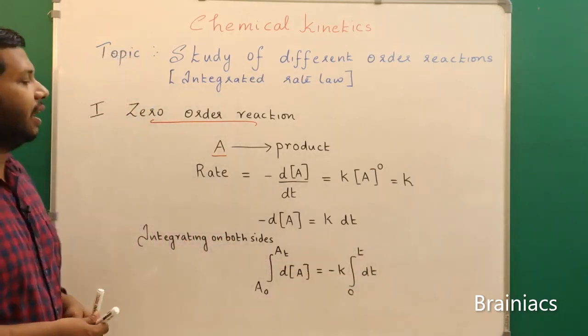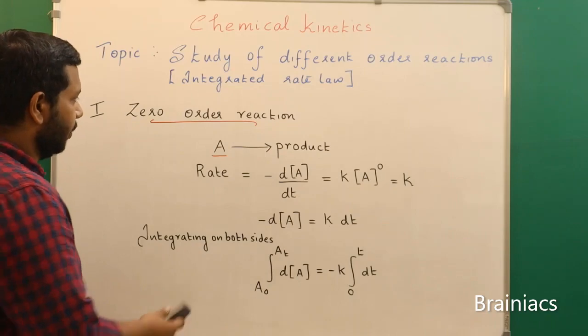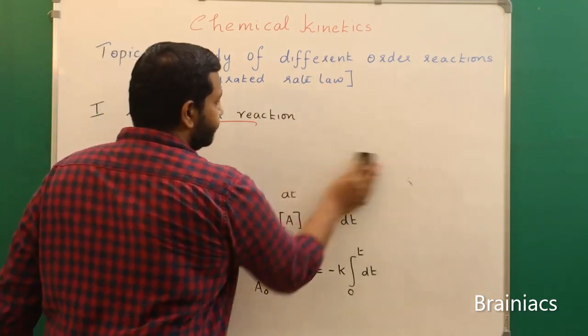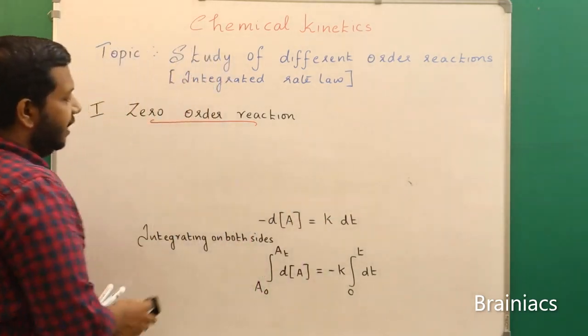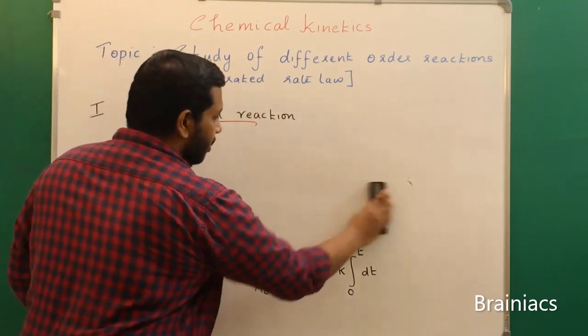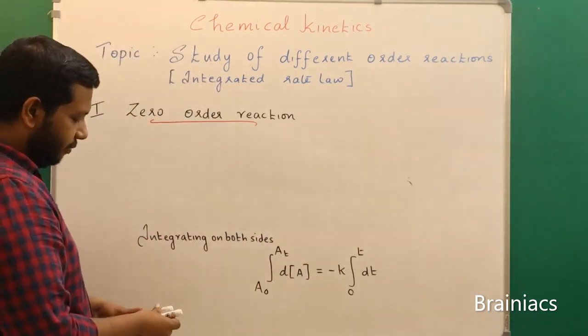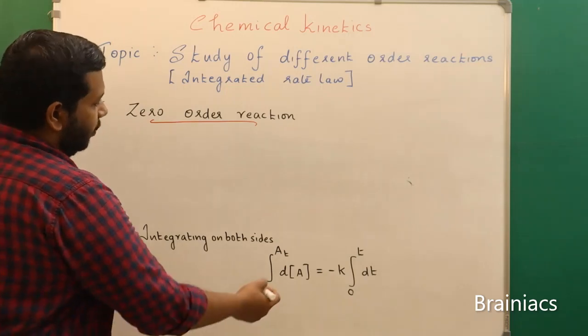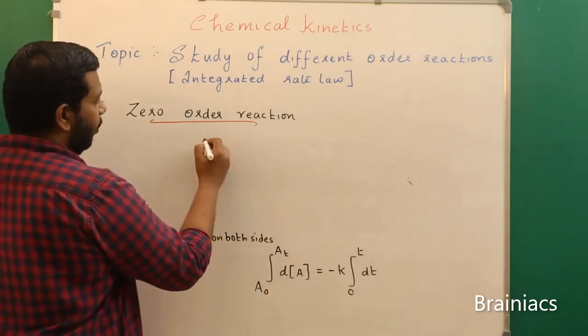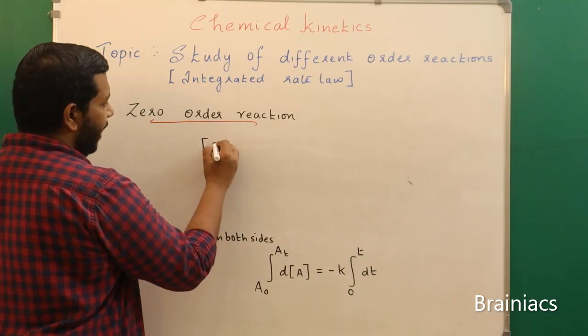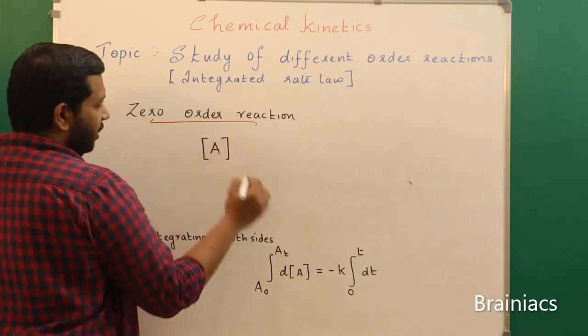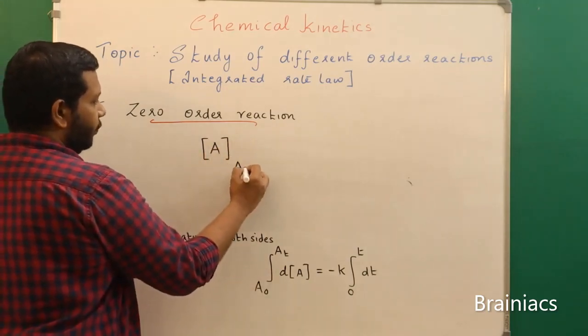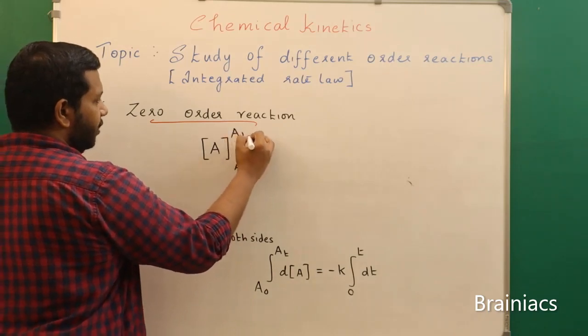Now you need to integrate on both sides. On integrating, dA will become A, and apply the lower limit A of 0, upper limit A of t.